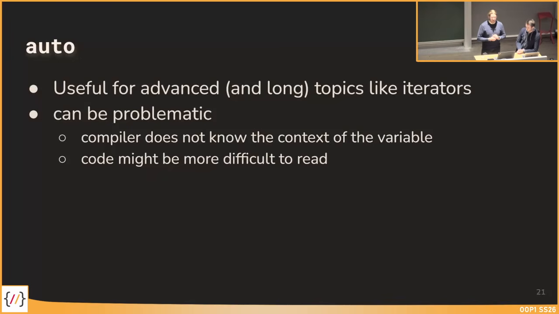We will see this later. If you have a data type that consists of multiple different data types, for example some array or list, and we just want to print this, this would be a perfect use case for auto because we don't want to do anything else with this variable except printing it.